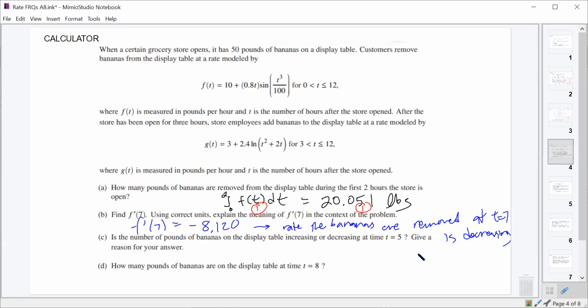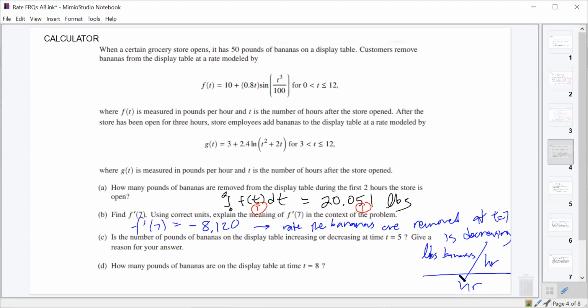And it says using correct units. So that would be pounds of bananas per hour per hour. Right? Pounds of bananas per hour is your rate, and then you differentiate that to get pounds of bananas per hour per hour.